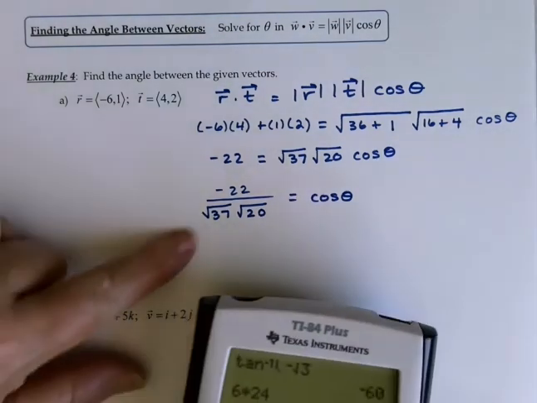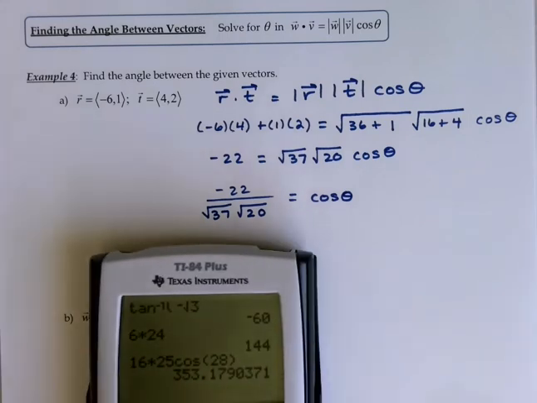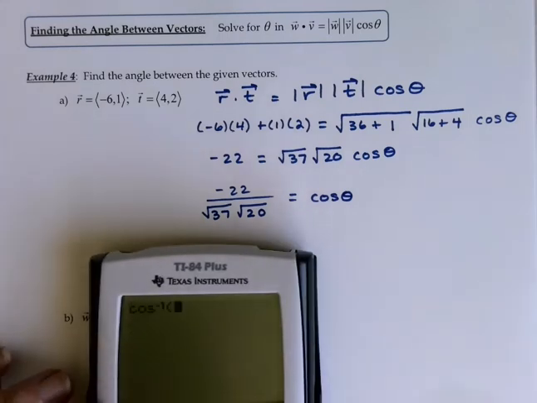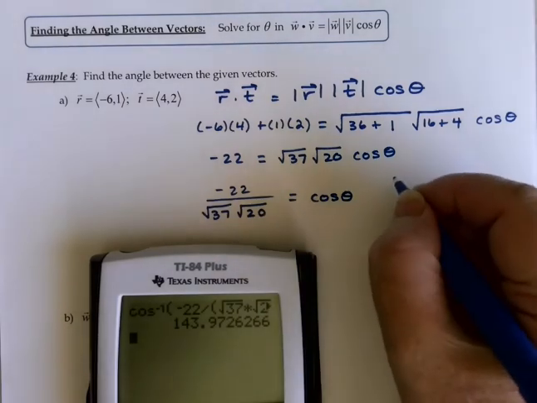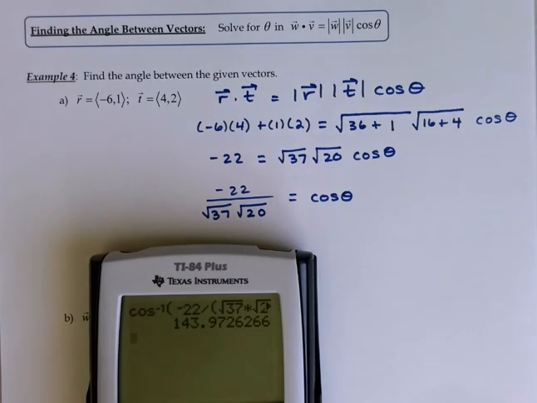And we'll just use an inverse cosine on that. And I get 144 degrees, let's call that.